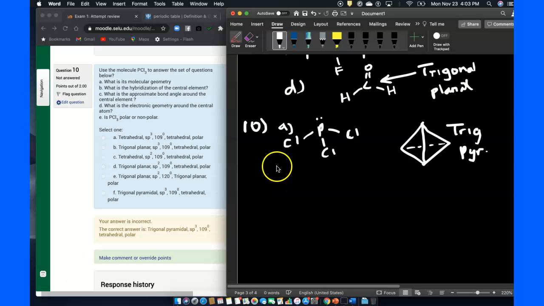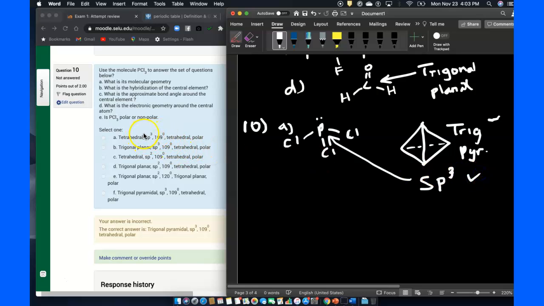And then, what is the hybridization of the central element? Obviously, here we have 4 electron domains. The hybridization that has 4 orbitals mixed is sp3, 3 p's and 1 s. Those are 4 electron domains: 3 bonds and a lone pair. So trigonal pyramidal, sp3.